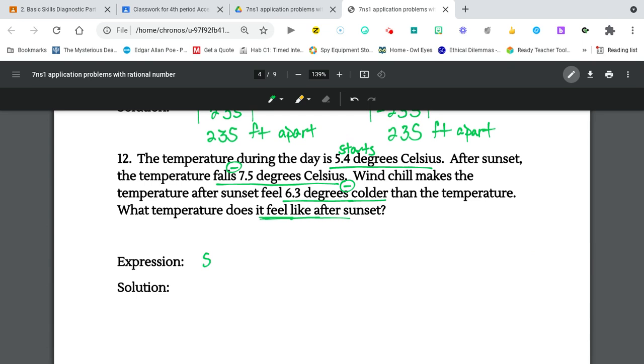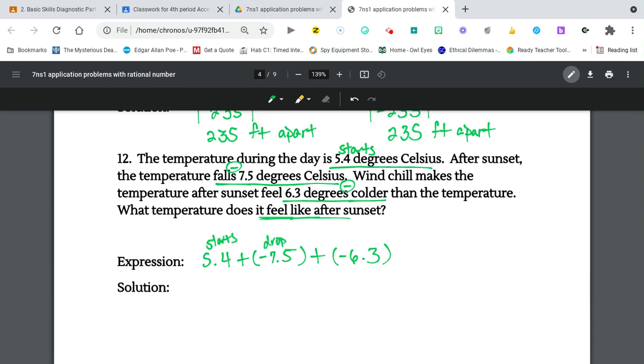Well, it starts off at 5 4/10, and then it falls 7.5, plus negative 7.5. But it feels, or plus it feels even colder. It feels 6.3 degrees colder. So that's going to be negative 6.3. It's going to feel like it's dropped even more. Okay, so this represents where it starts.